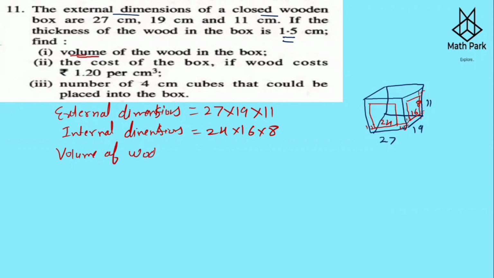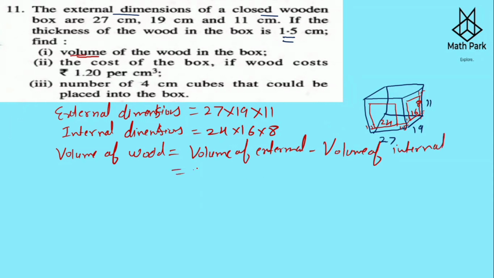Volume of wood is equal to volume of external cuboid minus volume of internal. Since it is a cuboid, we know that the volume is length into breadth into height. So 27 into 19 into 11 minus 24 into 16 into 8.